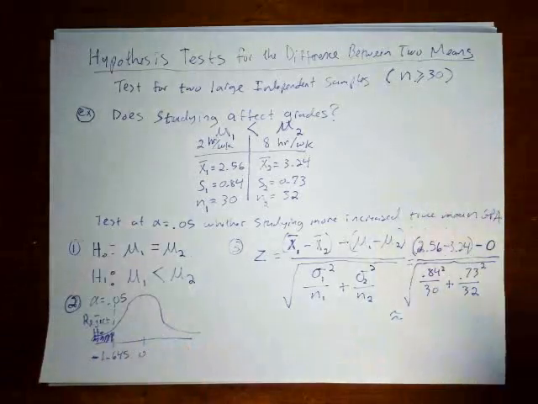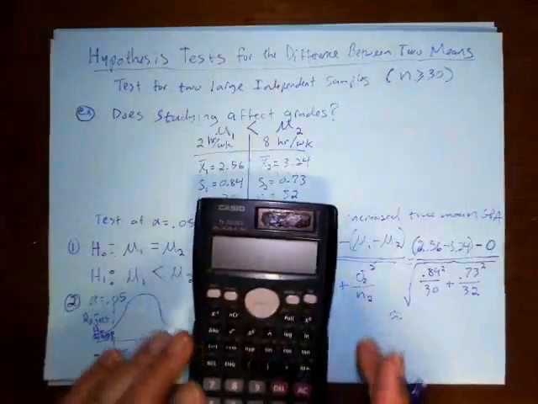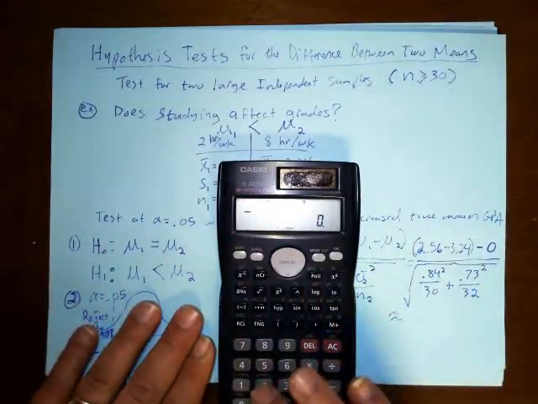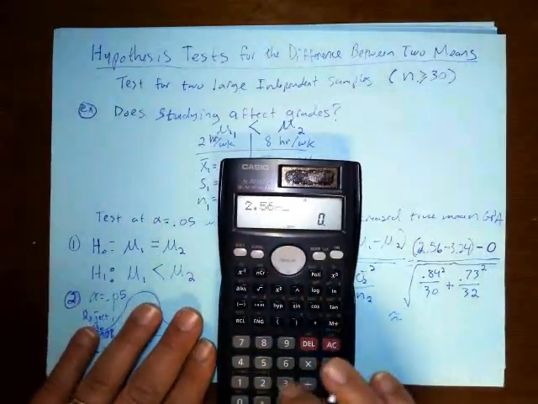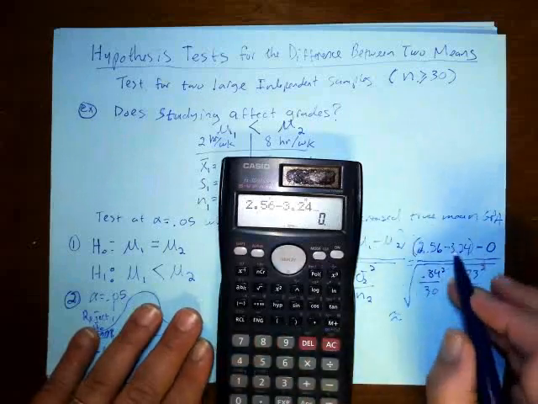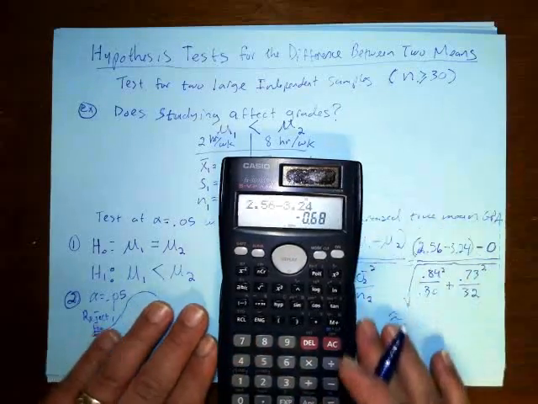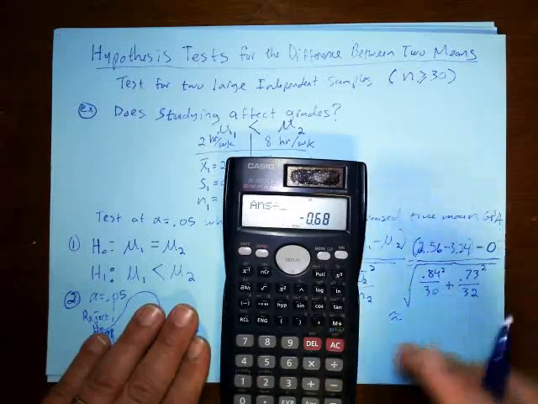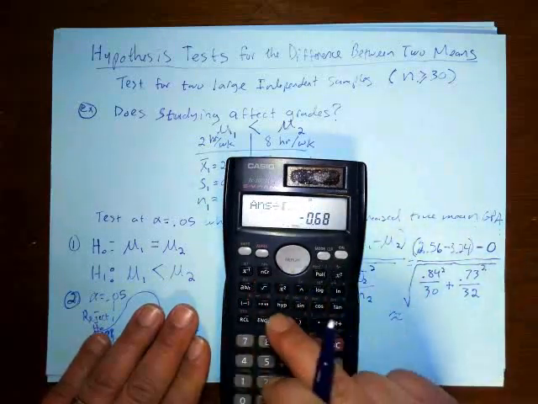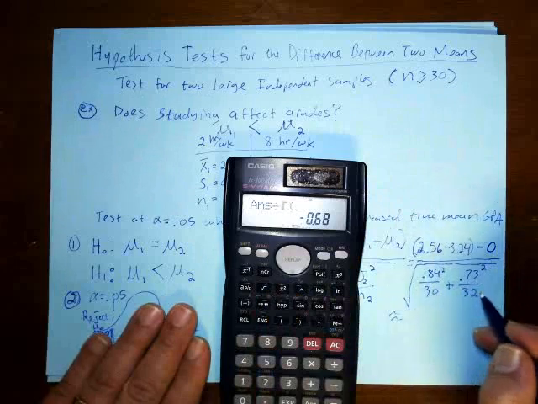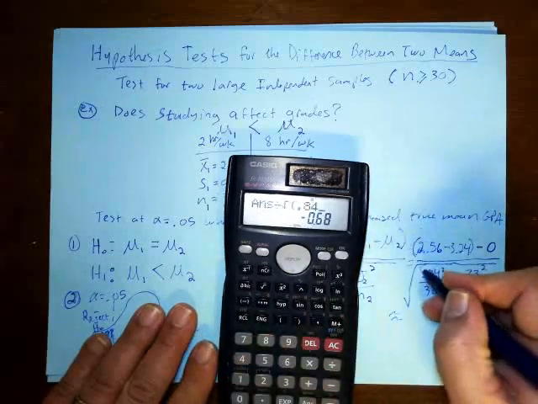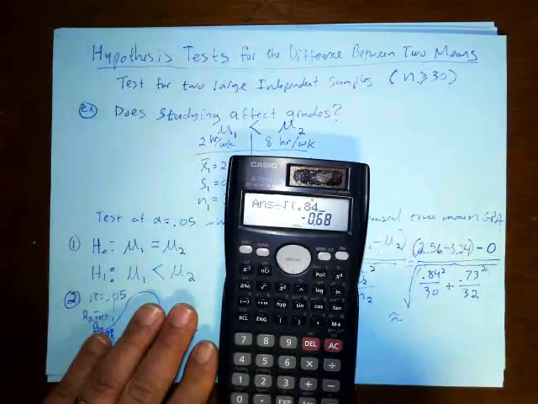And so to plug this into the calculator, it looks kind of scary, but it's not too bad. So I'm going to do the top first. That's the difference between the sample means. Minus 0 wouldn't change anything. And now I'm going to take that top part, and then I'm going to have a radical, and then in parentheses I'm going to put all this. And I don't need any more parentheses except for the ones that go over the whole thing.